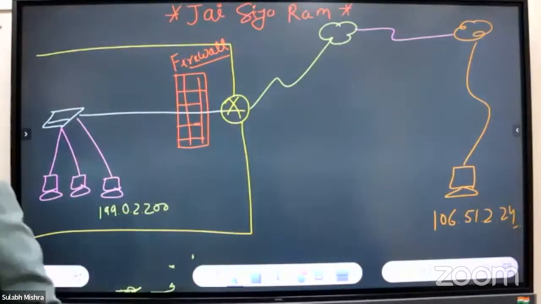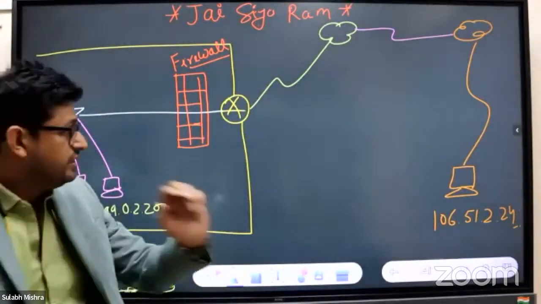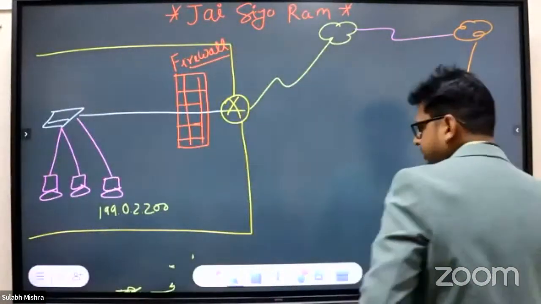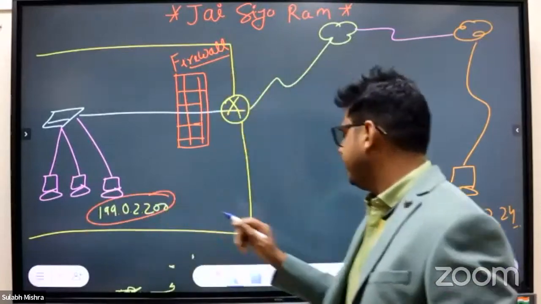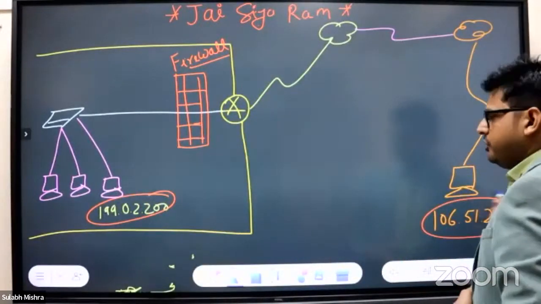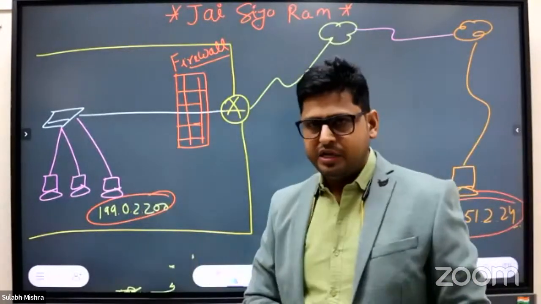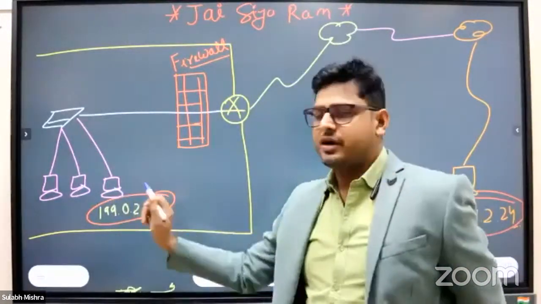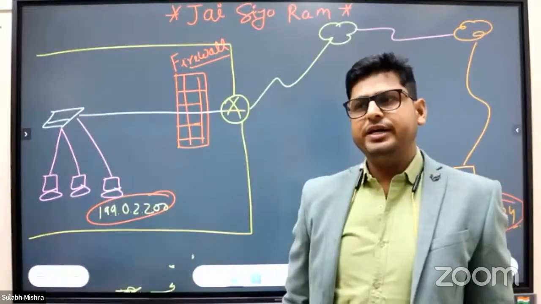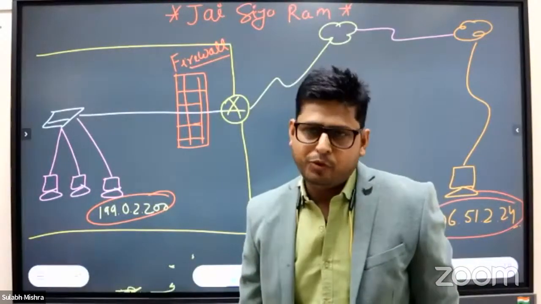Okay. So now, for example, you want to communicate with this computer. For example, this is the Facebook network, and this is a server where Facebook is deployed.